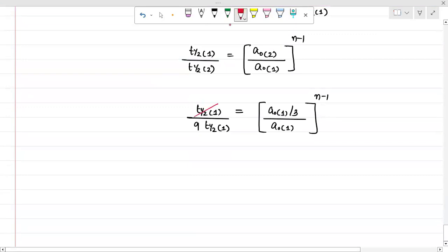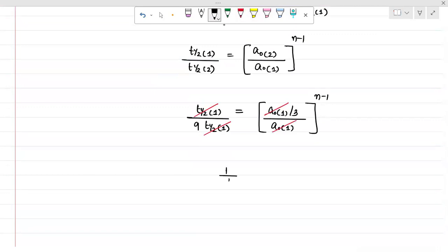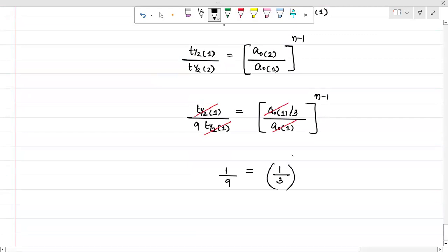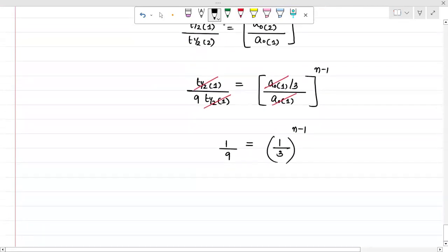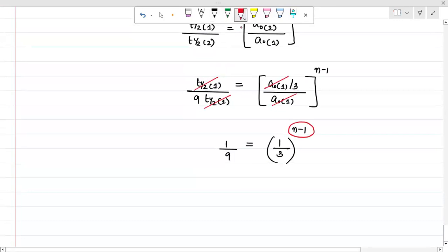So T half 1 gets cancelled. A01 gets cancelled. What do I have? 1 by 9 is equal to 1 by 3 to the power n minus 1. Very easy. For what value of n minus 1 will you get 1 by 9 on the left?